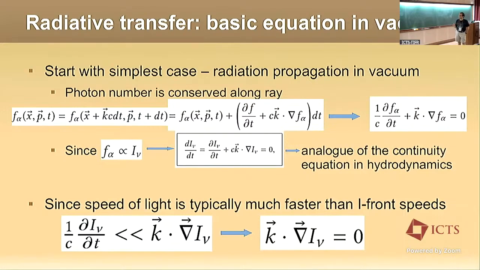So it's usually faster than ionization front speeds, faster than how the effects of the radiation are propagating forward. This means that the first term is usually much smaller than the second term, because the first term is divided by c and the second term isn't. So very often the radiative transfer equation reduces to just the second term equals zero, because the first term is very small. That's not always true, but often it is, or at least it is a good approximation.